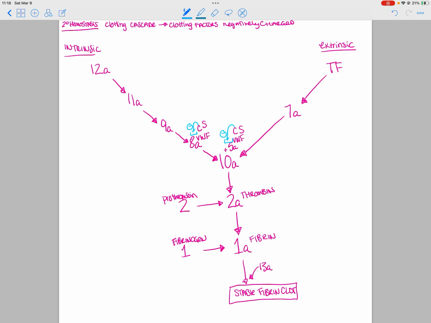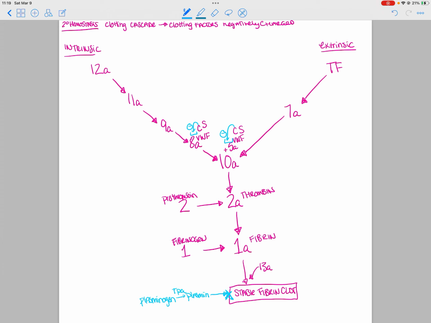Now, there is only one reaction that can actually bust up clots, okay? Other inhibitory mechanisms can prevent further clots from forming. However, plasminogen to plasmin, with the help of TPA as the catalyzing enzyme, it can actually bust up a stable fibrin clot.